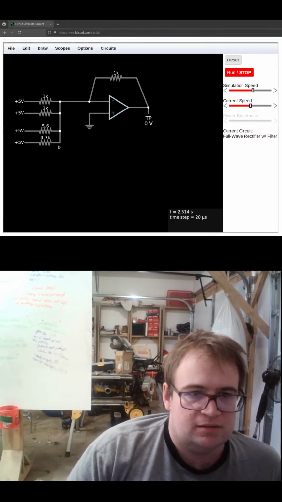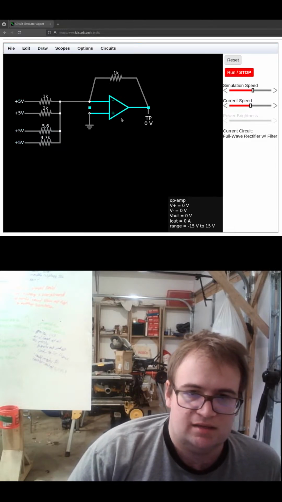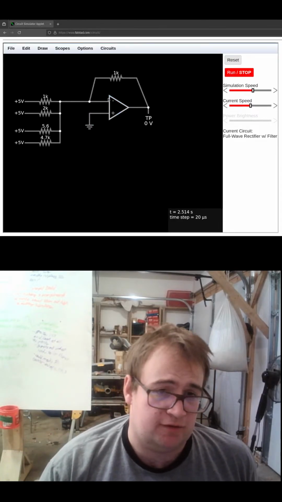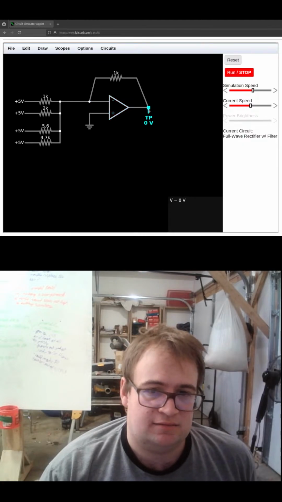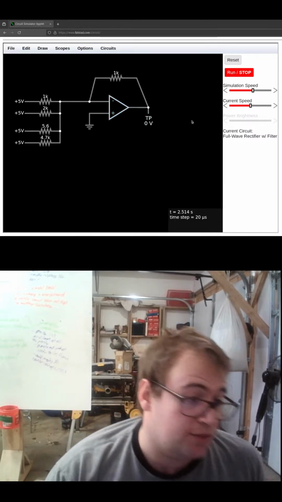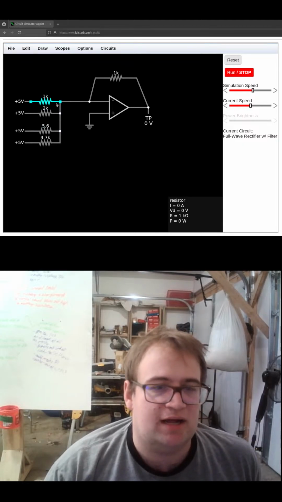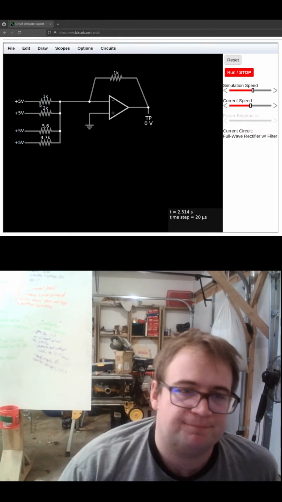Anyways, so I'm going to apply 5 volts at each of these. We're applying it to the inverted input. So that means we're going to see a negative output here at the test point. I already know that by looking at the circuit. Didn't have to do too much thinking for that one. But I think we're going to have to do some more thinking now.